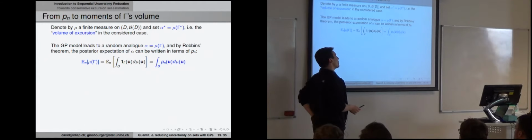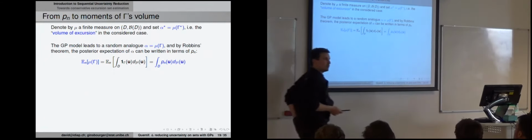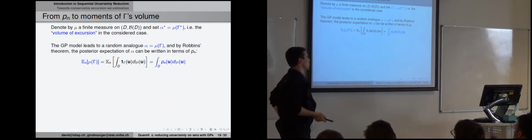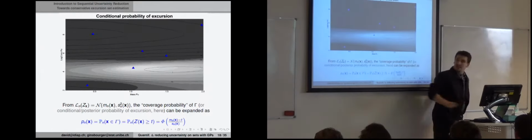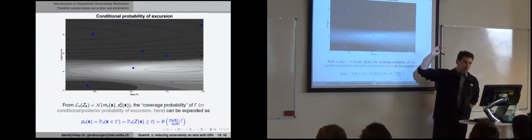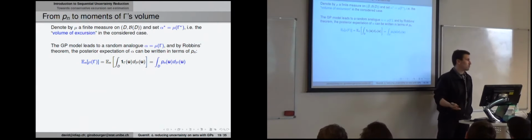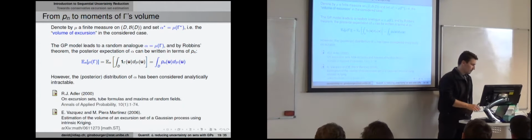And you end up with the integral of the probability of being in the set, which is the coverage probability of excursion. Okay? So if you integrate this guy here, you sum all the values over the domain, you end up with the expected measure of your excursion set.